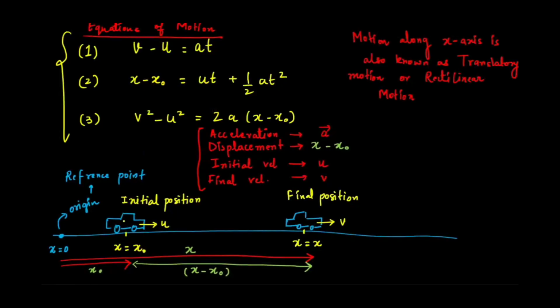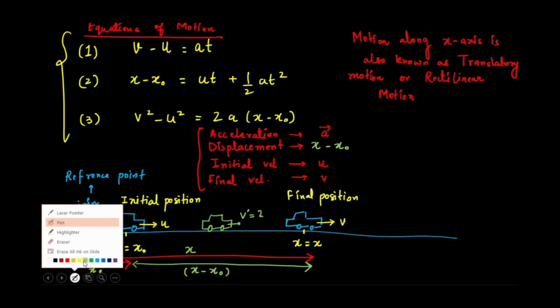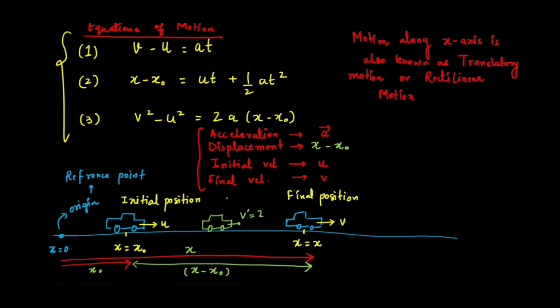At some initial position, I assume the body has the velocity u, and at some final position, we assume the body has some velocity v. But what about at any random position in between? What is its velocity going to be? I assume it's v dash. So this v dash is something which we can refer to as instantaneous velocity.